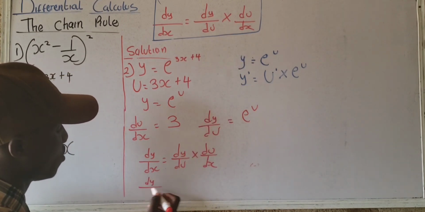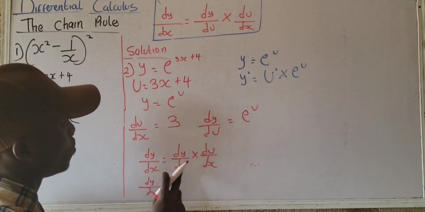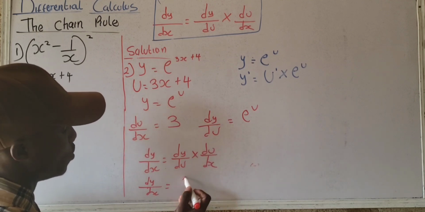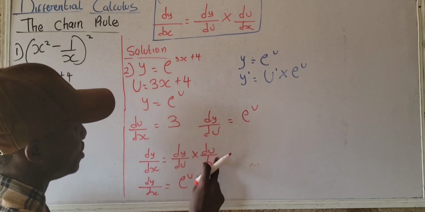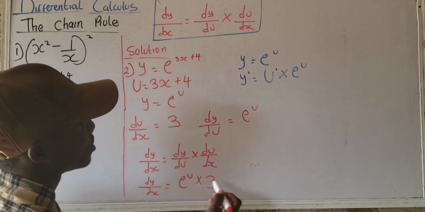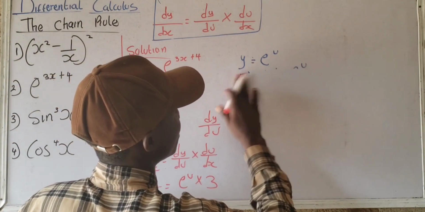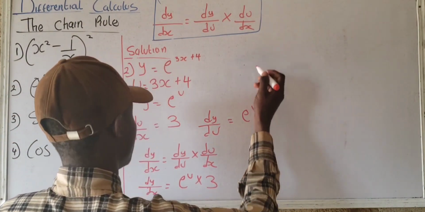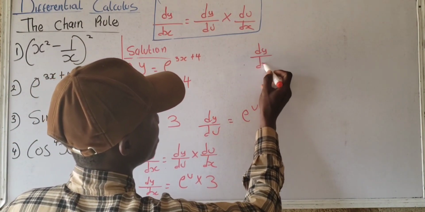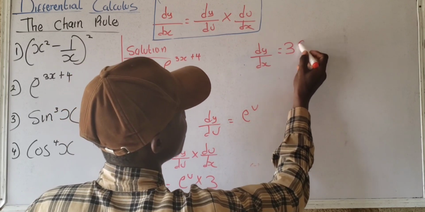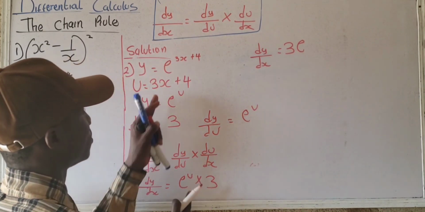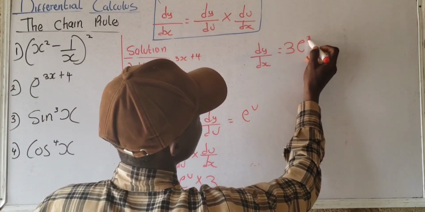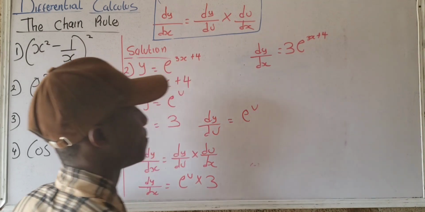So, dy over dx is equal to dy over du, which is what? e raised to the power of u multiplied by du over dx. du over dx is 3. So that means the derivative will be 3e raised to the power of u. u is what? 3x plus 4. So I'm going to have 3e raised to the power of 3x plus 4. That is the final answer.